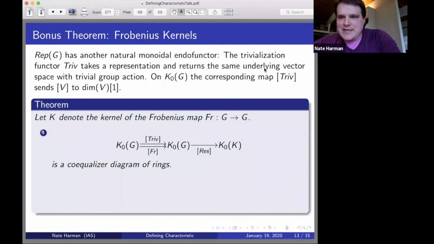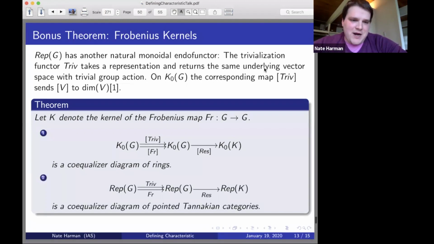So explicitly in terms of ideals, again, this is saying that the kernel of the restriction map is generated by things of the form Frobenius twist of V minus dimension of V times the unit. So that's the first part of the theorem.